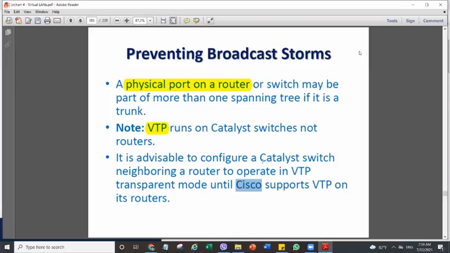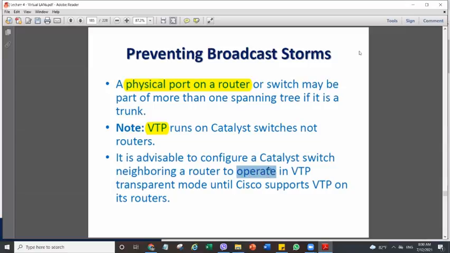Whatever the VTP thing, we will discuss in the next session, because it anyway tries to establish the VTP connection with the router.